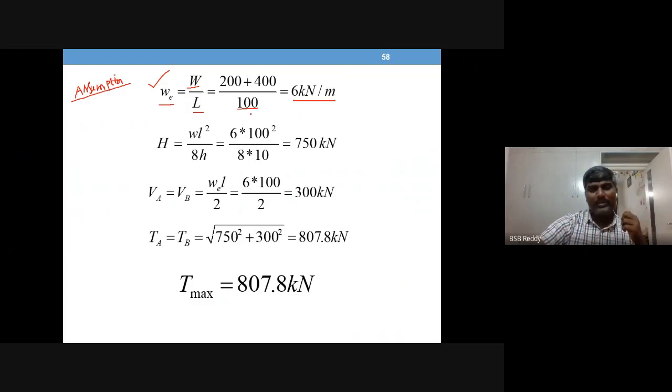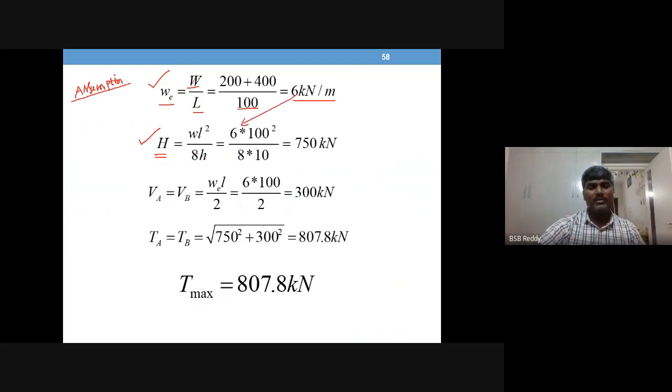Once we get the equivalent UDL, then you go for calculating the H value, which is WL square by 8H, the horizontal thrust or nothing but the horizontal reaction. W is 6.